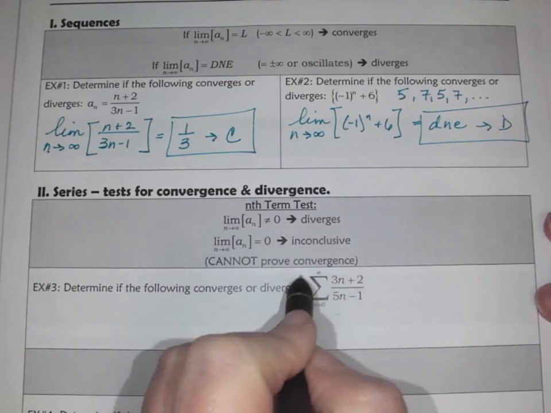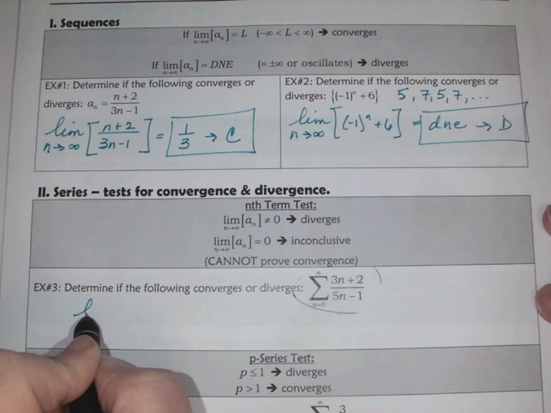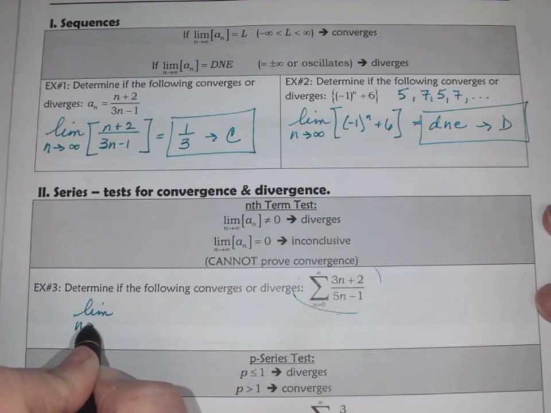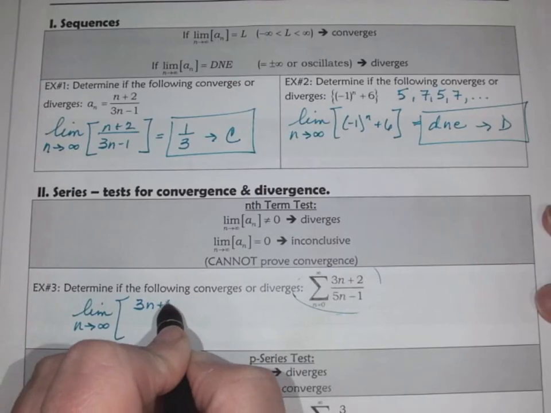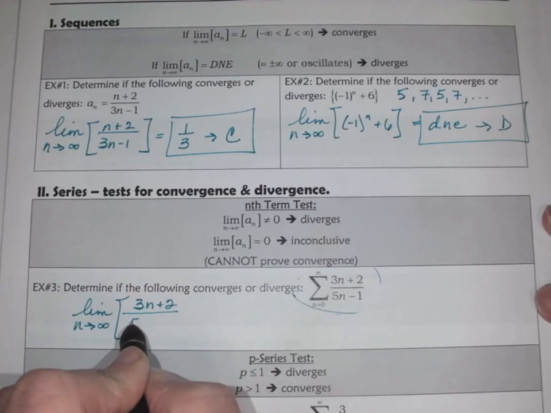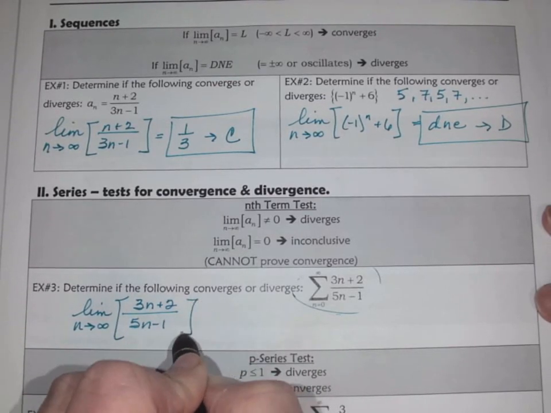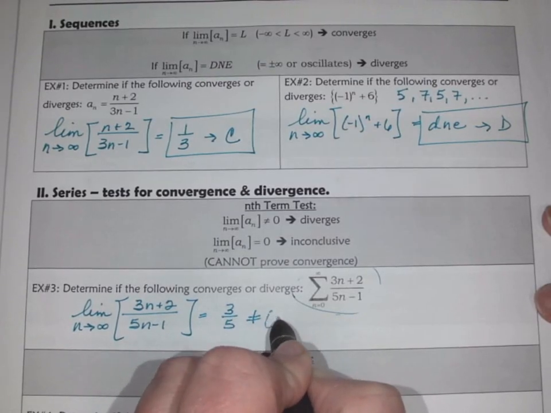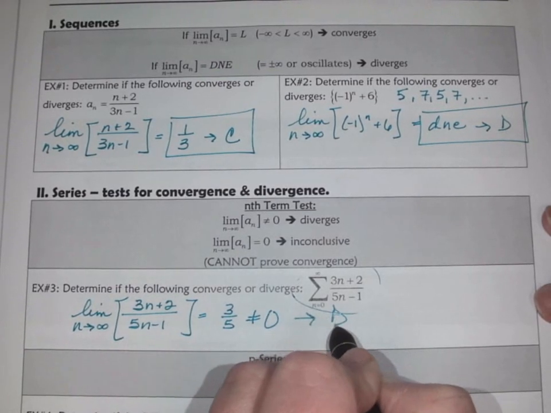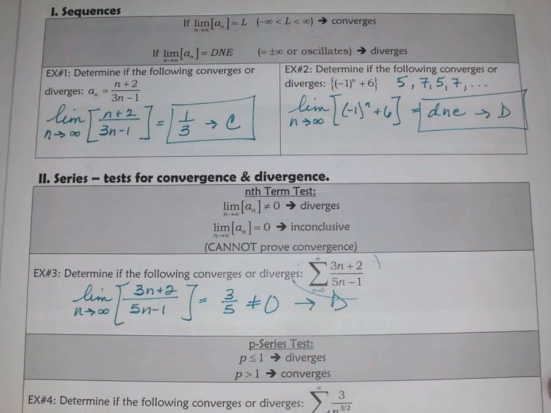So if we're looking at this series, we're going to start with the limit as n goes to infinity of 3n plus 2 over 5n minus 1. That is equal to 3/5, which is not equal to 0, so therefore we diverge, okay?